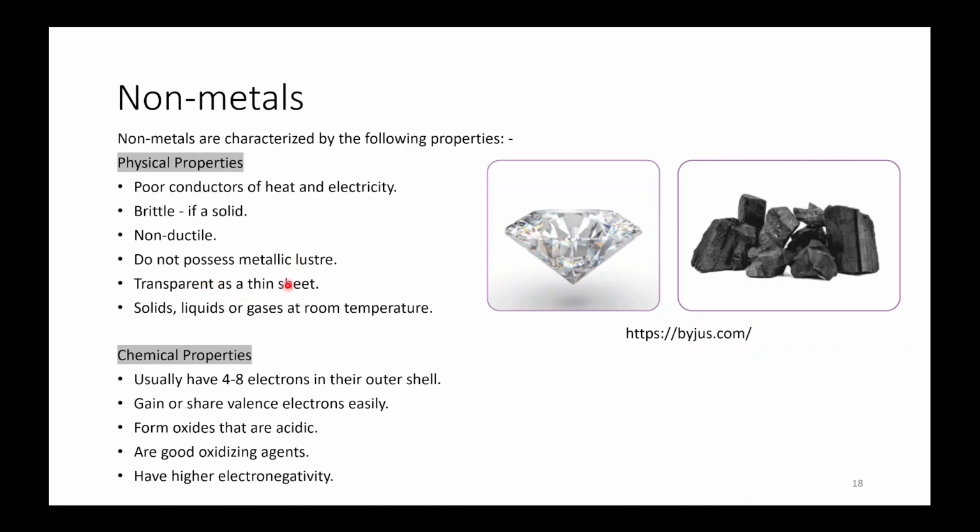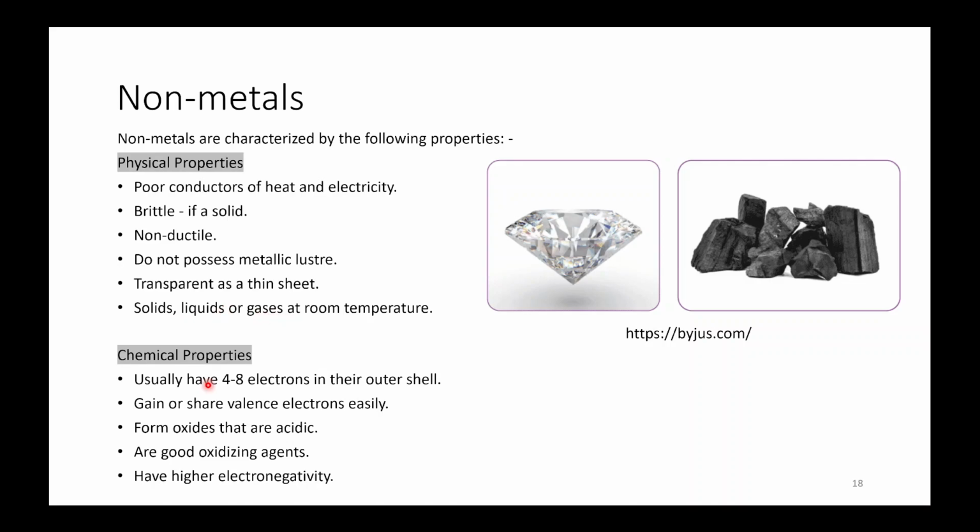If they are in thin sheets, most of them will act as transparent. And in terms of solid, liquid, and gases at room temperature, in case of metals they were mainly solids, but these can be in the form of liquids and gases also.